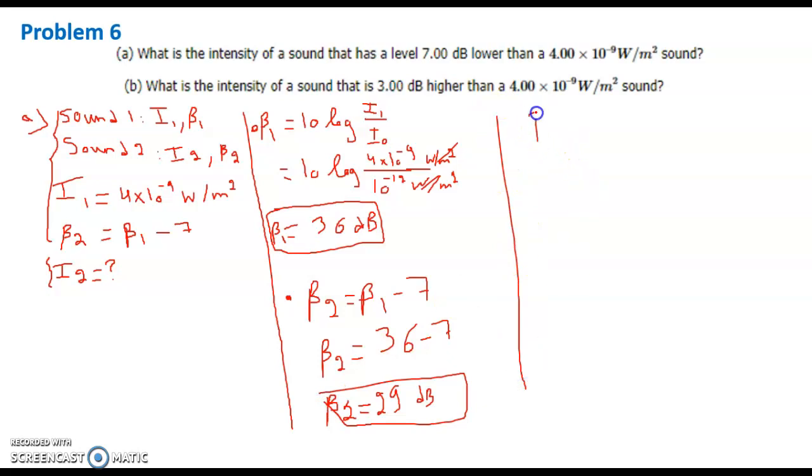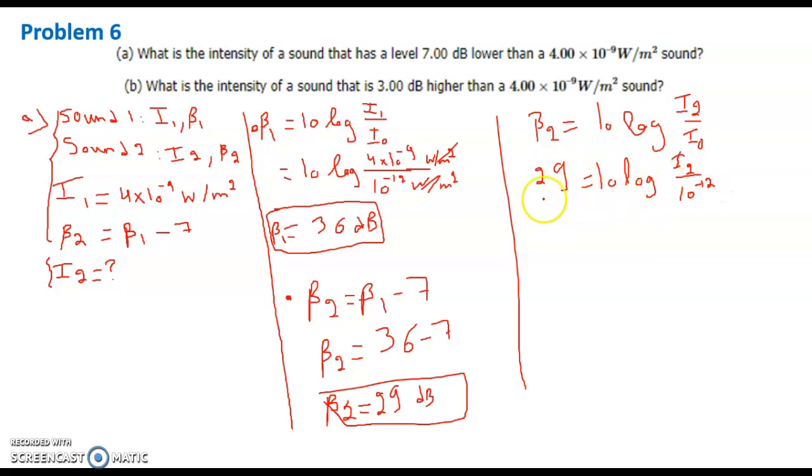Beta 2 is equal to 10 log I2 over I naught. Now substitute the given. Beta 2 is 29 decibel equals 10 log I2 over 10 power minus 12 watt per meter squared.